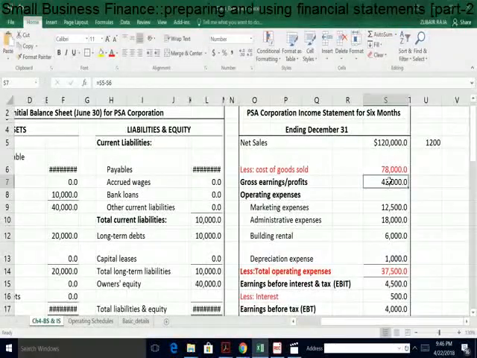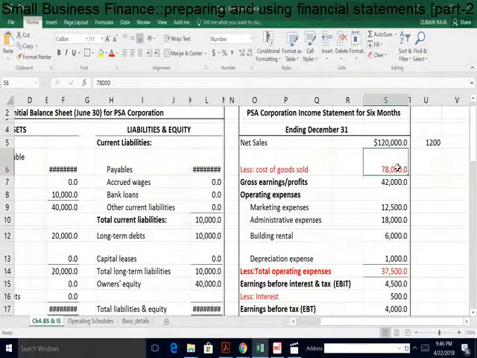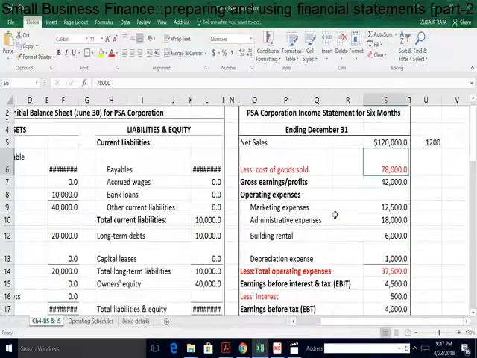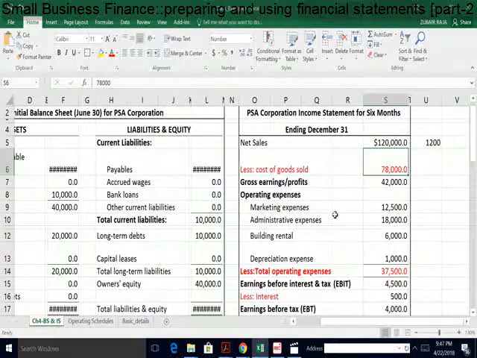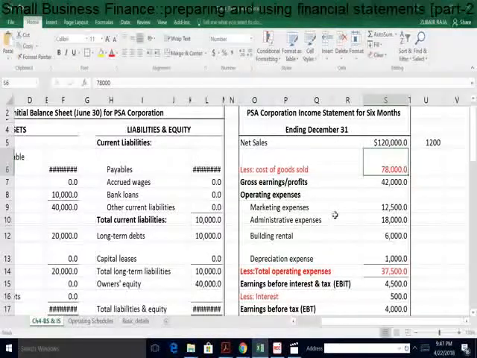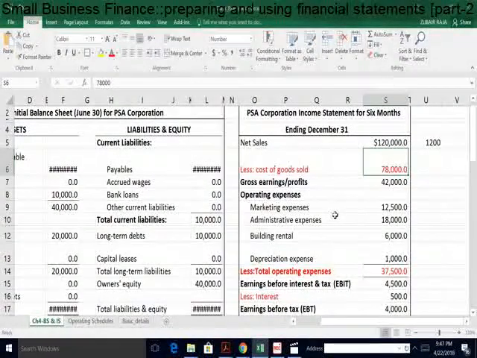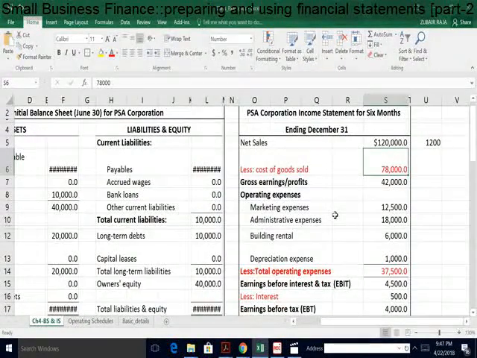Now we will go towards the operating expenses. Cost of goods sold is actually the direct cost of making those 1200 units which eventually PSA sold. Apart from that, there would be many other operating expenses, for example, utilities and the salaries of the administrative staff. Administrative staff was not involved in making or assembling the scanners.